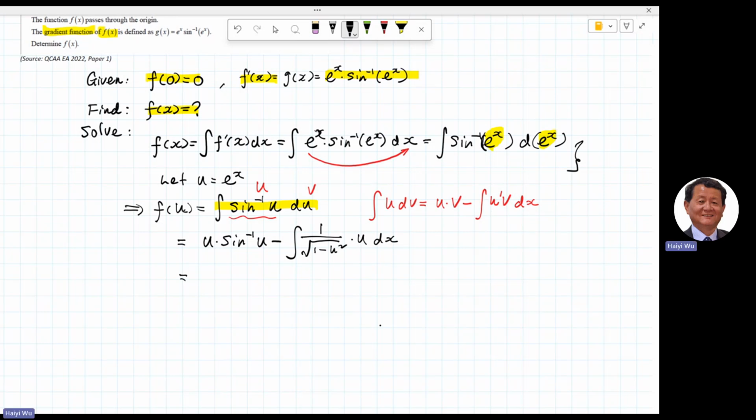So don't forget this is u dash v. Okay, sorry about that. Let's continue. So u inverse sine u minus the integral of 1 minus u squared to the power of negative 1 over 2, times u, dx.